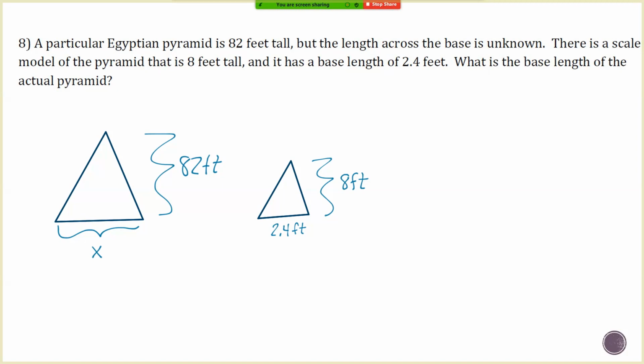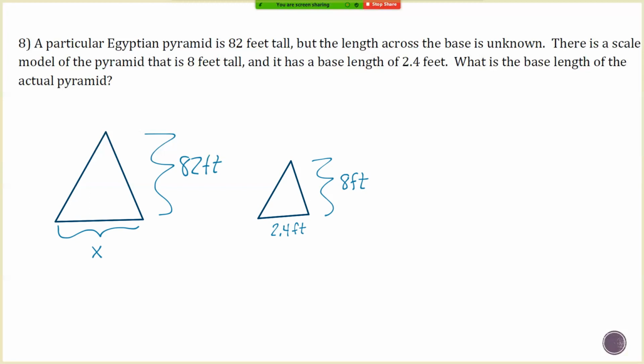Is it like the same steps that we did on number 7? Exactly the same steps as number 7. So again, once you get this set up, it shouldn't be a terrible problem to actually solve. Can we divide 8 by 2.4?